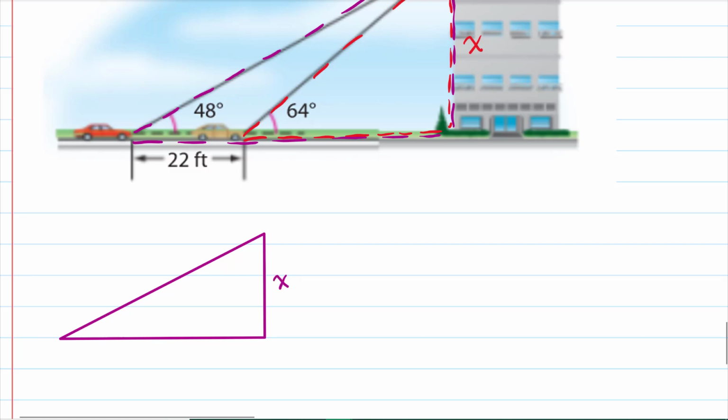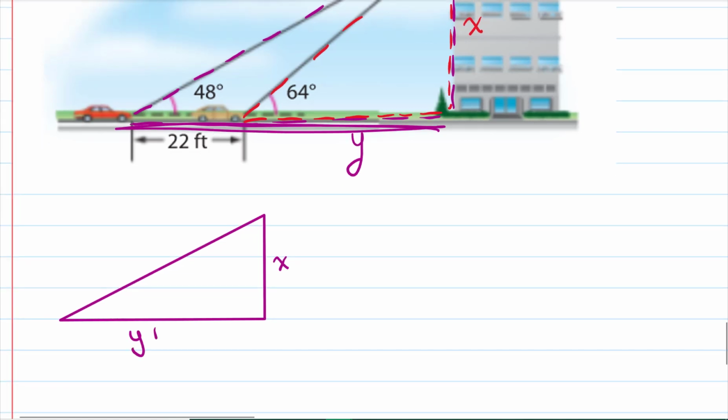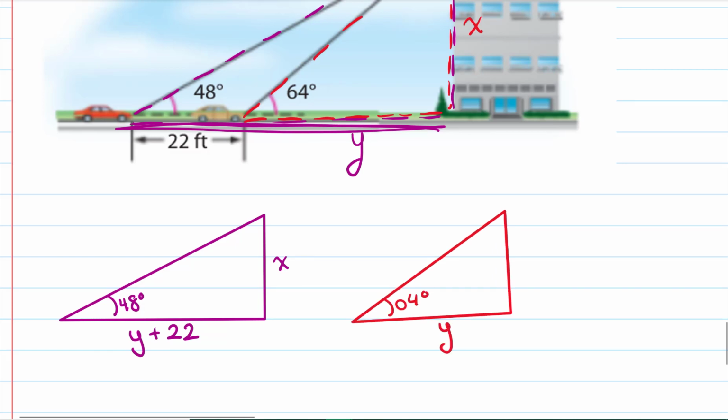And the distance here is 22 plus some unknown value I'm going to call y. So this is y plus 22. And the angle right here is 48 degrees. Now I'm going to draw my second triangle. And the angle here is 64 degrees. This is y, and this is x.